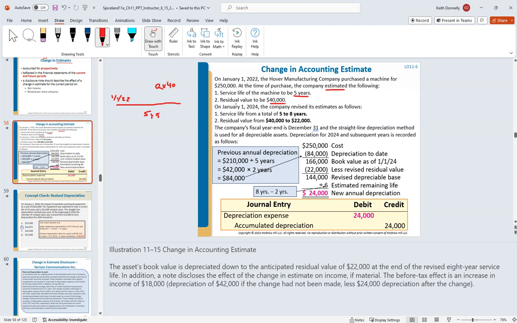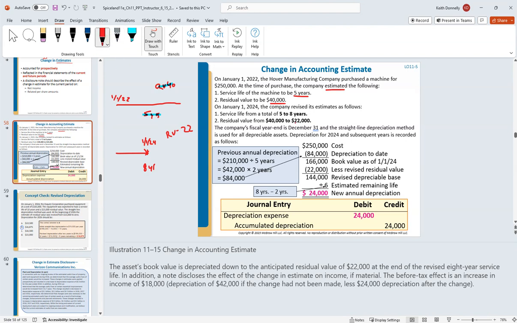On January 1st, 2024, so 2 years in, on 1/1/24, they say, uh-oh, we need to change our estimate here. We now think that it's going to last 8 years, and we think the residual value is going to be $22,000. So we're changing those things.